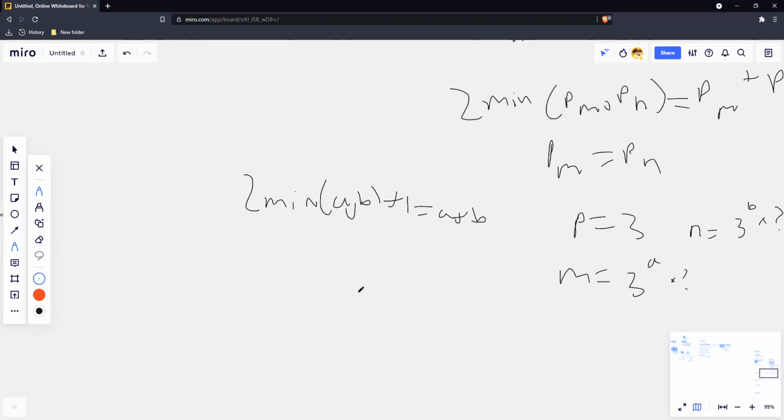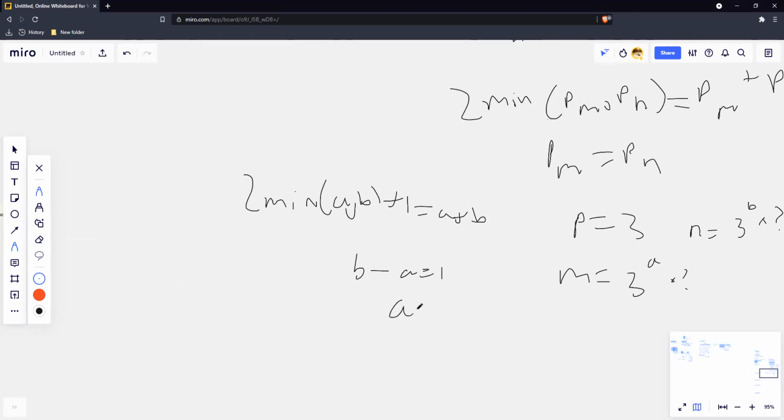Then once again we do some inspection, and this time I'm pretty sure that if we assume that A is less than or equal to B, then we must have B minus A equals 1.